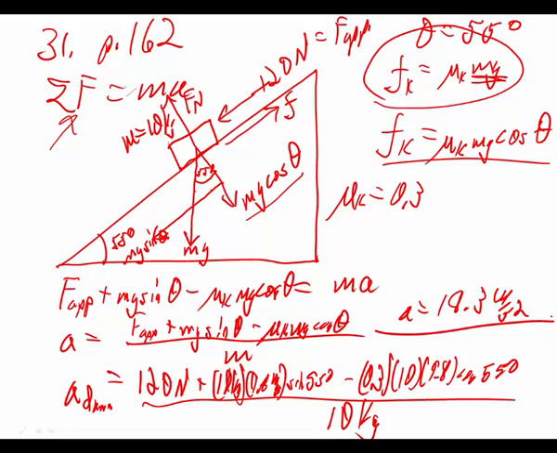So make physical sense. My God, y'all, 120 newtons at a 55-degree incline? Whew, yeah, it's going to fly. It is going to move it. 18.3. That makes physical sense.